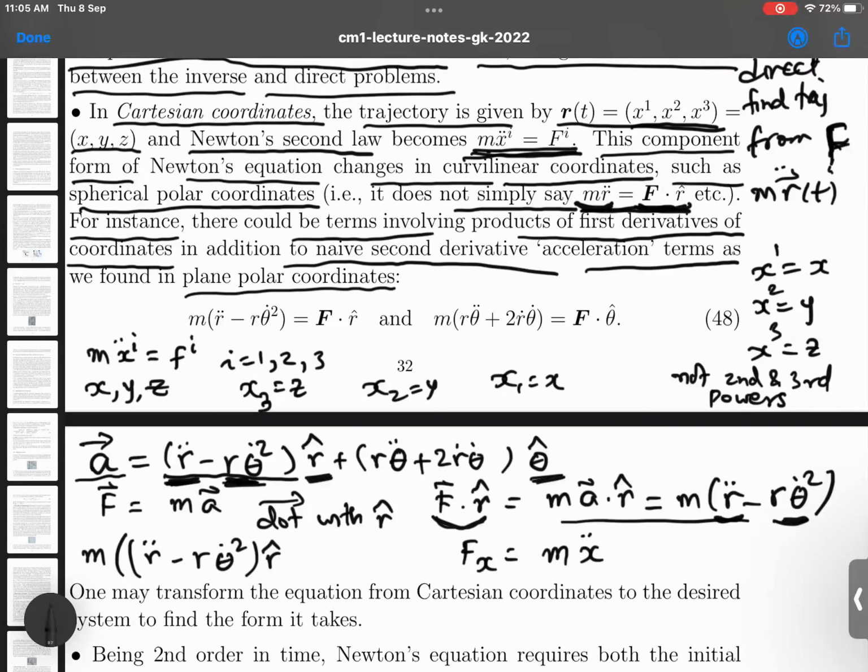And people who are less familiar with the subject may have some feeling that the radial acceleration is simply r double dot. That is not true. There are two contributions. So when you write the radial part of Newton's second law, you need to account for both. That's all we are saying.